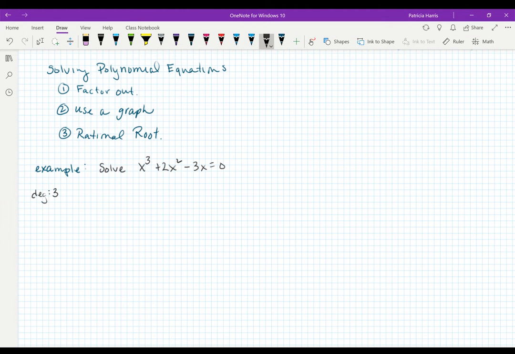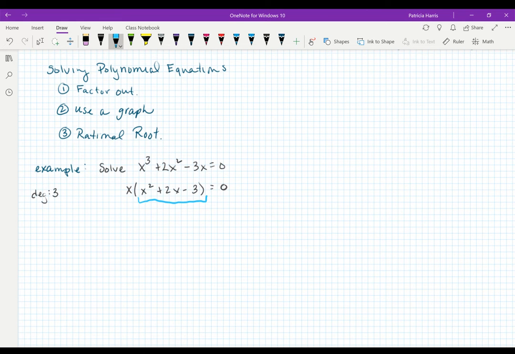Now looking at my equation, I know that every term has an x. So that tells me that I can factor out an x. Now, if I look at what's left behind, I notice that that is a quadratic.